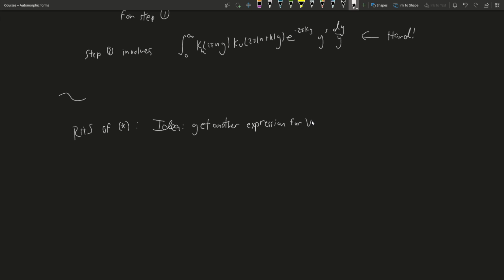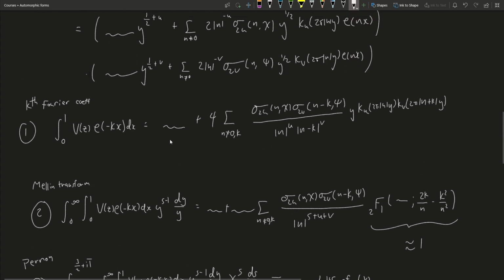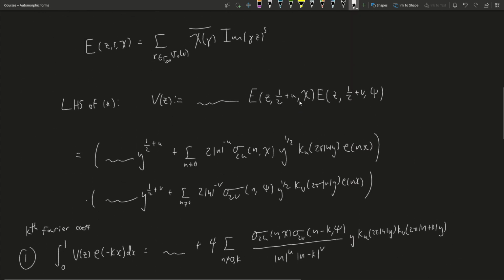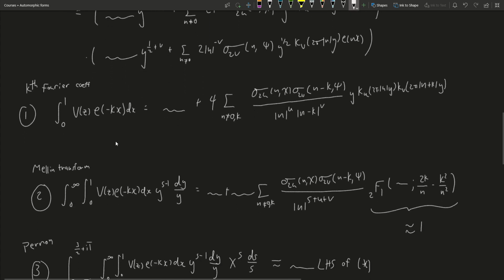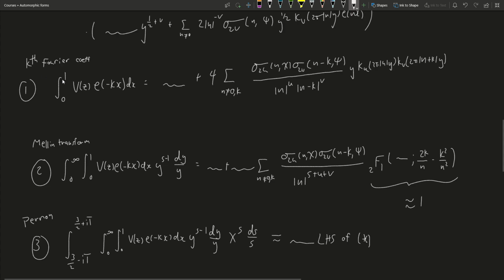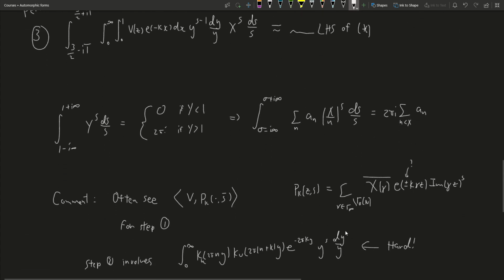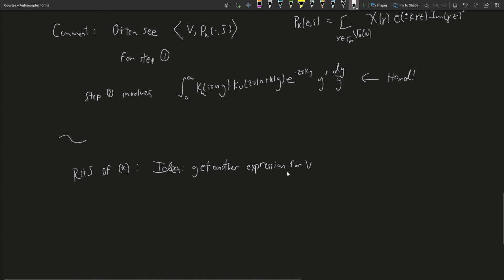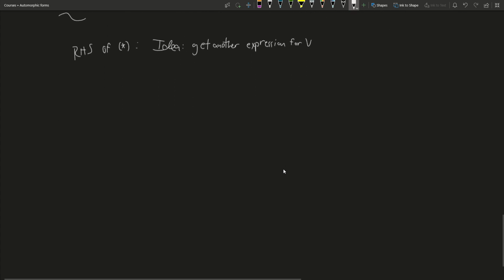So if we can write this function V, which recall was our generating function, product of two Eisenstein series, instead of just looking at its Fourier expansion directly and then going through these 3 steps of Fourier coefficient, Mellin transform, Bernoulli's formula, if we can get a different expression for V and then go through those same 3 steps again, then we'll get something different.